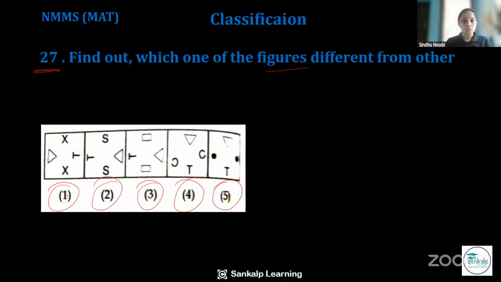Come to this image first. This is our letter X and this one is also X. Both the letters face each other, and we call them identical twins.